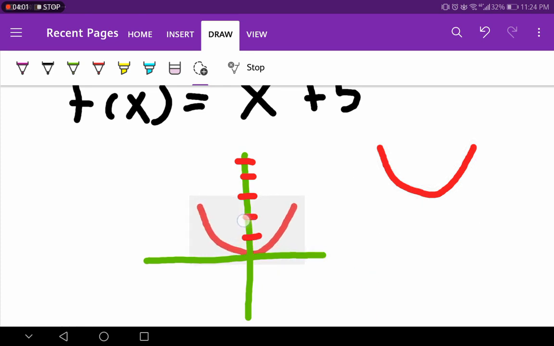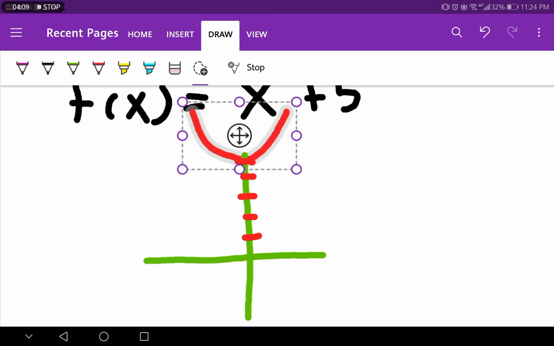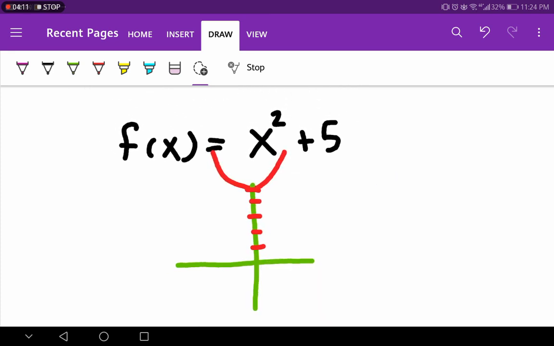So your mission is to move the parent, how many steps, my dear student? 5 steps up. 1, 2, 3, 4, 5. Now I graph f of x equals x squared plus 5. Are you happy with that? Me too. If you don't believe me, see.